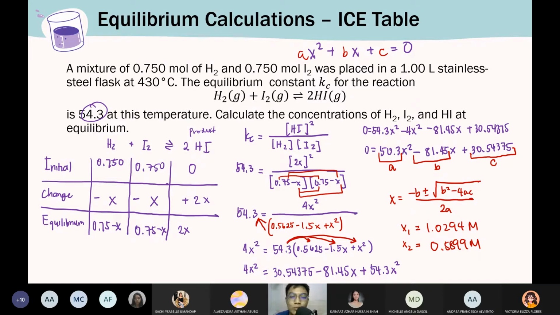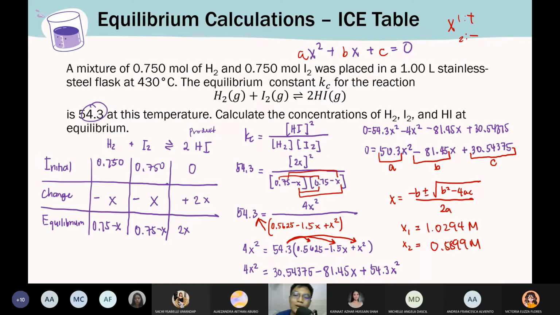Most of the time, yung x natin, either positive or negative yung value niya. Pag ganon, kunwari may nakita kayong negative na root, hindi mo pipiliin yon. Bakit? Kasi there is no negative concentration. Tandaan nyo yan, these are concentrations. So meaning it cannot be negative, nor can it be imaginary.